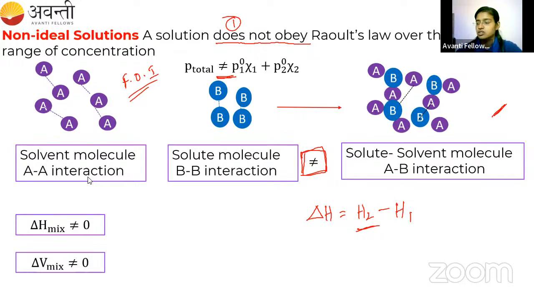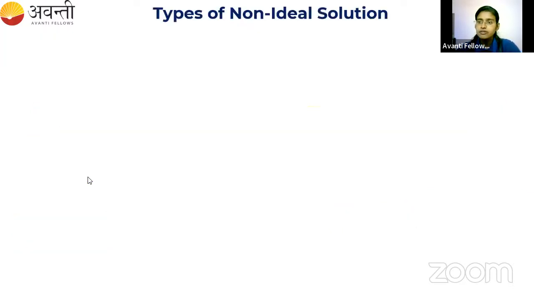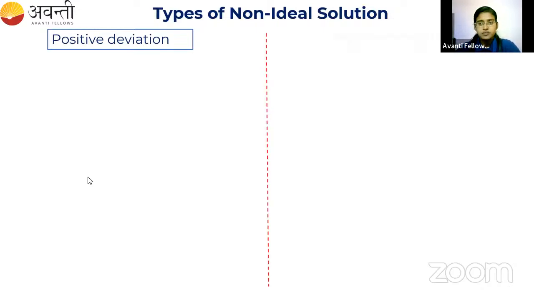Yes, very good. Now, non-ideal solutions have two types: one with positive deviation and the other with negative deviation. When does a solution show positive deviation? In the non-ideal case, I told you that AB interaction is not equal to AA and BB.